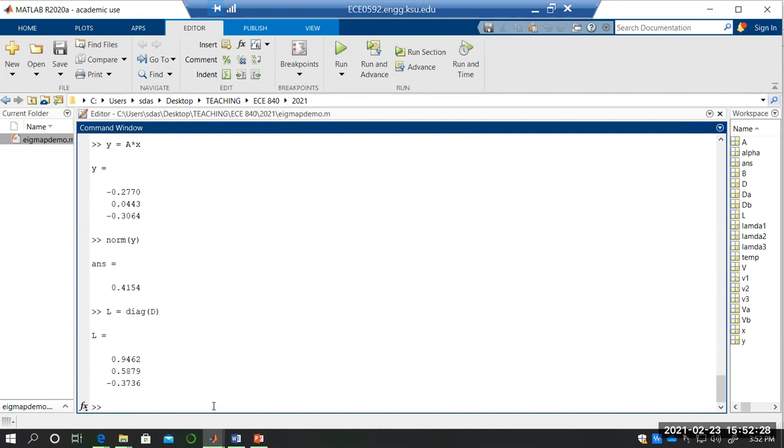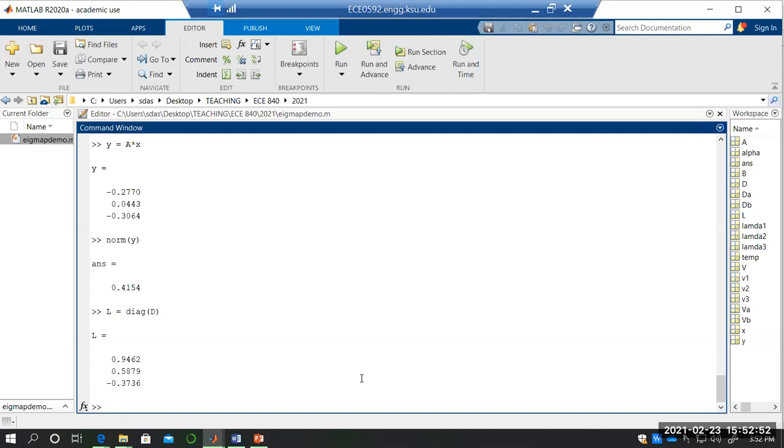Now, the norm of Ax, we know, is 0.4154. But we also know that it's equal to the square root of the summation alpha i square, lambda i square, right? How do we do that summation?